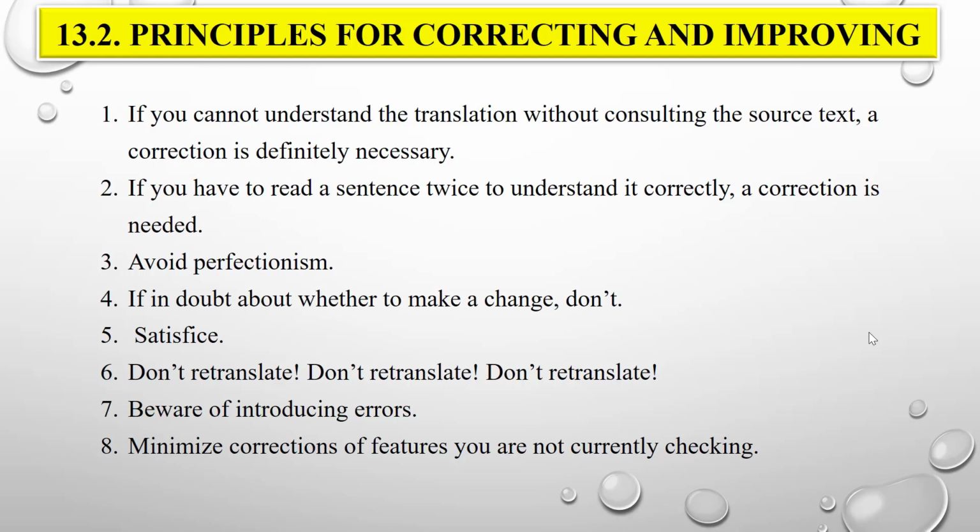And principle number 5 is satisfice. Once you do decide to make a change, use the first adequate alternative wording that comes to mind. Don't be the earnest reviser who goes on generating several more wordings in hopes of finding one that may be even better. To borrow from Oscar Wilde, learn the vital importance of not being too earnest.